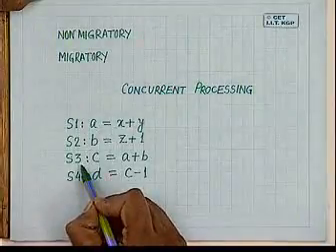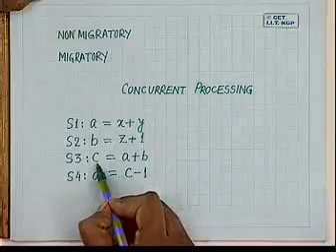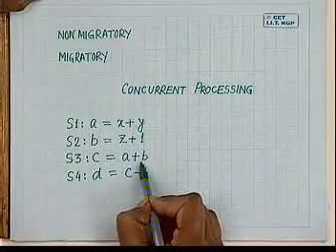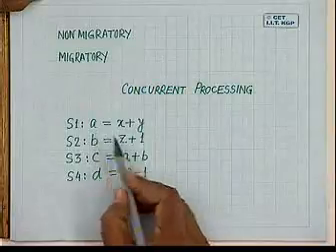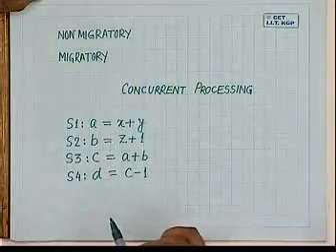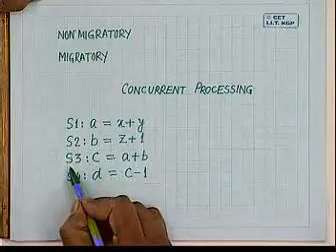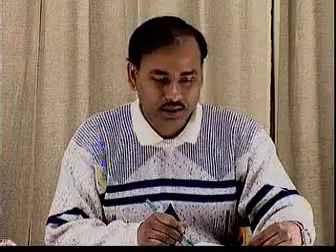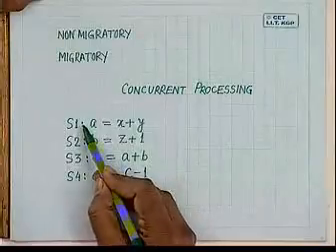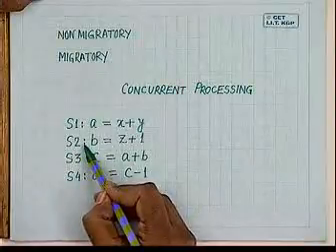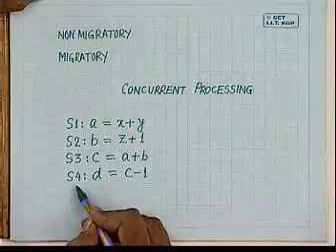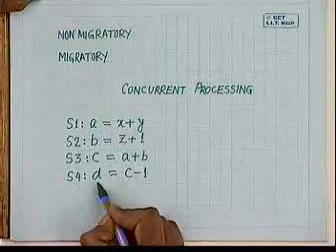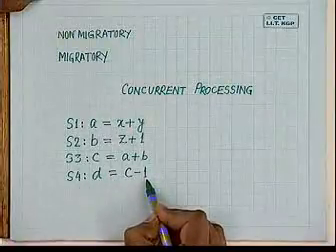Come to statement S3, which says C = A + B. But A is computed in S1 and B is computed in S2. So naturally, S3 cannot be computed until statements 1 and 2 are complete. Come to statement S4, which says D = C - 1.